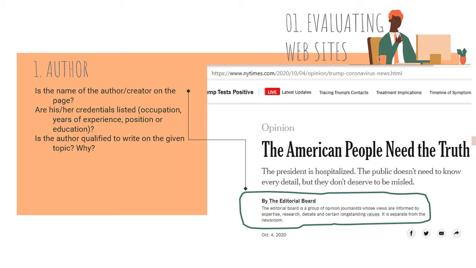So the editor board is a group of opinion journalists whose views are informed by expertise, research, debate, and certain long-standing values, and it is separate from newsroom. Well, by knowing this explanation, what do you think? Are they qualified enough?